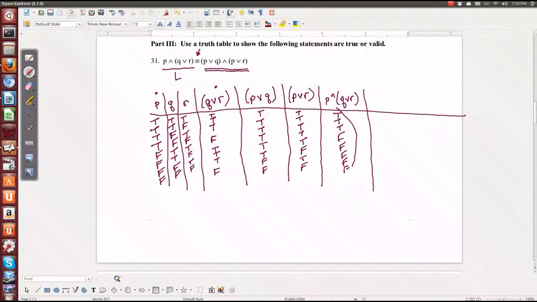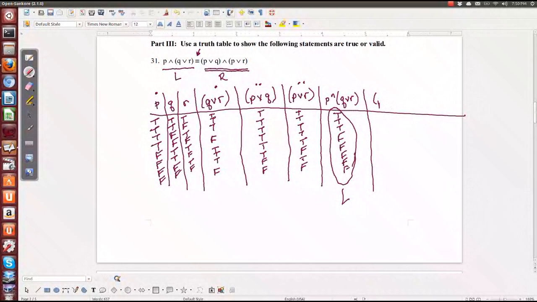So this is my left side of the expression, and I want to compare it to the right side of the expression. My right side of the expression is I'm doing the conjunction of this statement with this statement, and in this case I've got 5 trues before I have a false in the 6th row, a false in the 7th row, and a false in the 8th row.